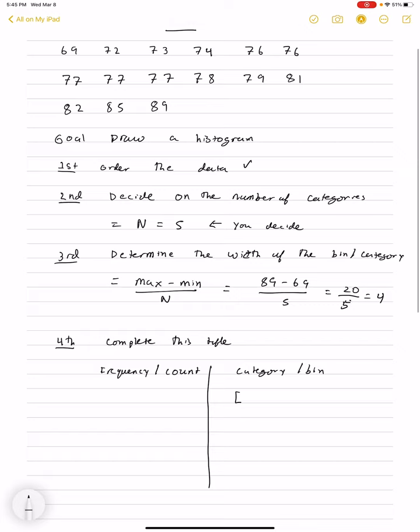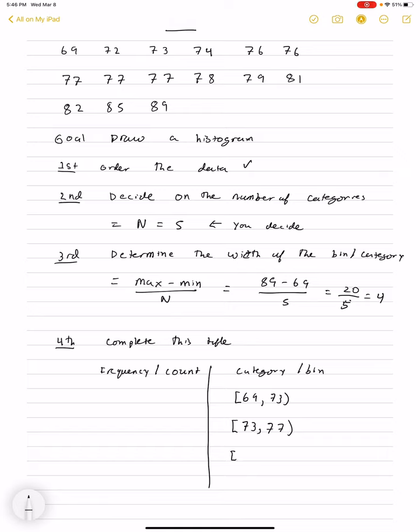So I'm going to start with the smallest observation, that's 69. I'm going to add 4 to that. That will make it 73. I'm not going to include the observation 73, so that's an open bracket at the end. Then the next one starts at 73, it counts it there. Then I add 4 to it, that'll be 77. I keep going.